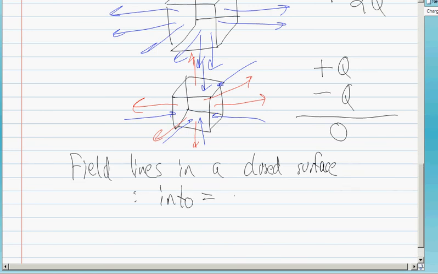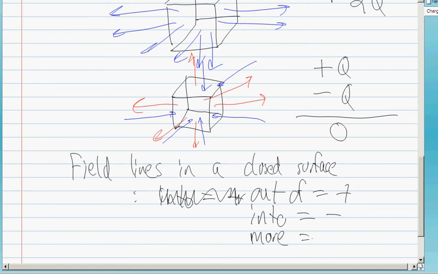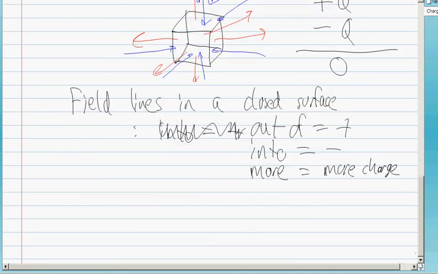Out of is positive, into is negative, more lines equals more charge, net lines equals net charge.